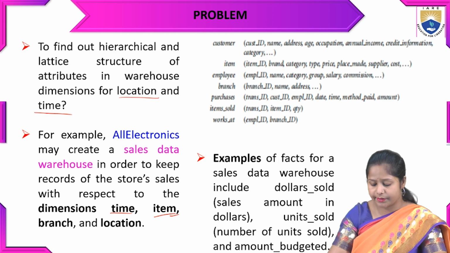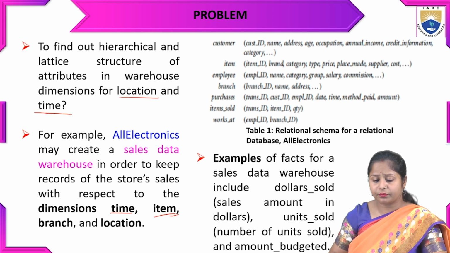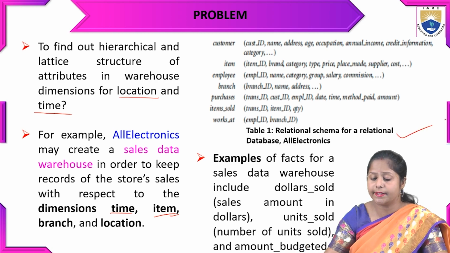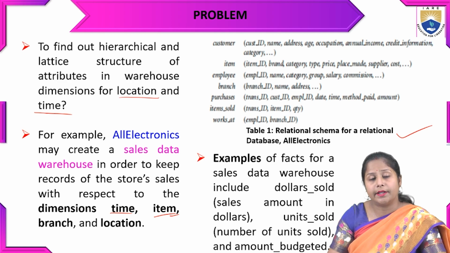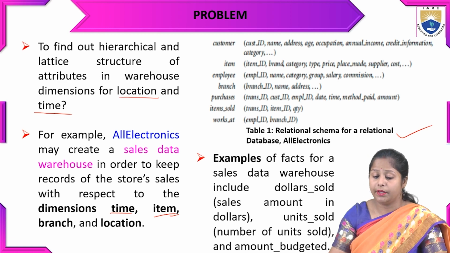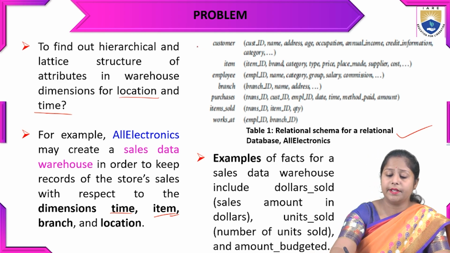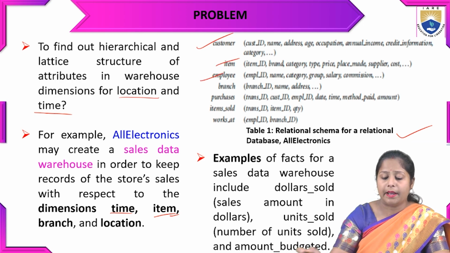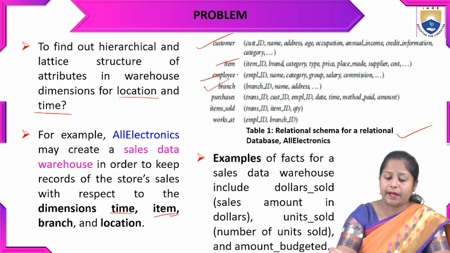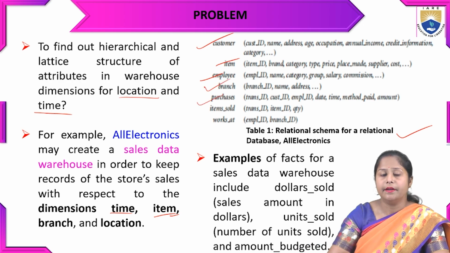On the basis of that we can assume a sales data warehouse and related attributes for our understanding. On the right hand side we can see one table, that is a relational schema for the relational database for All Electronics. In All Electronics there are the dimensions: customer, item, employee, branch, purchases, item sold, and works at.